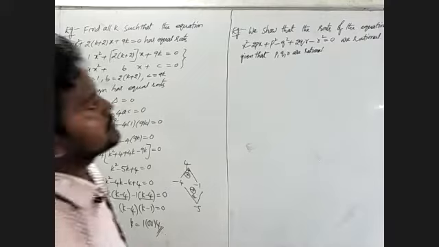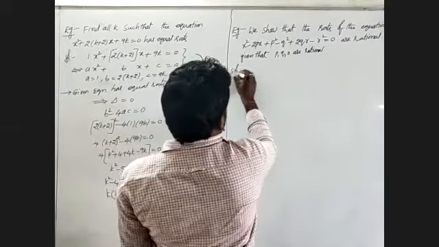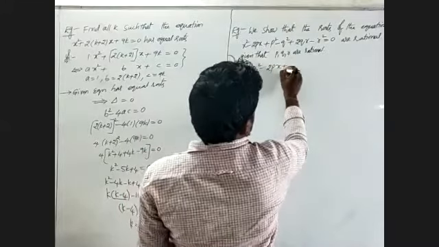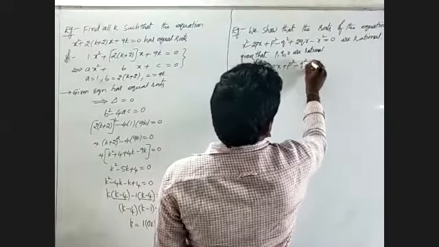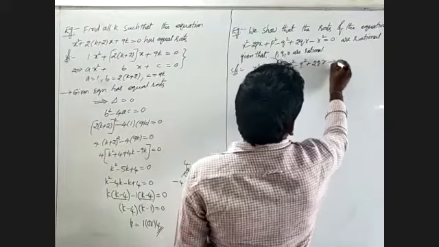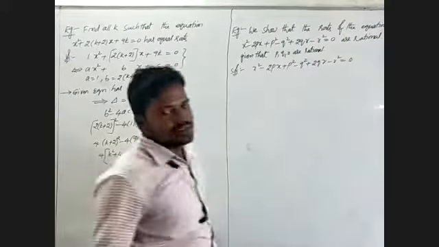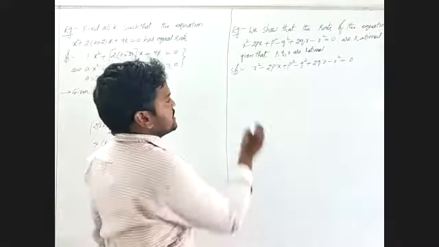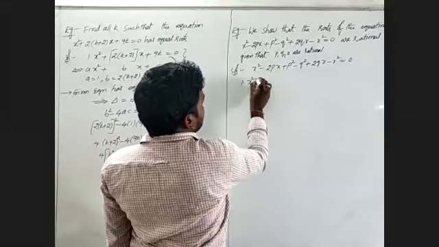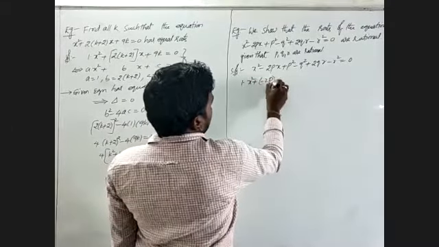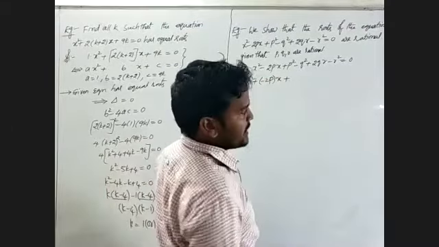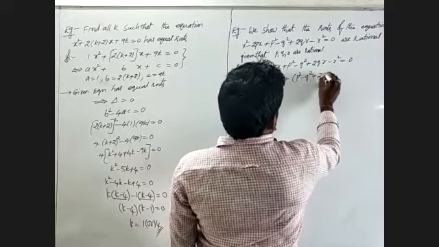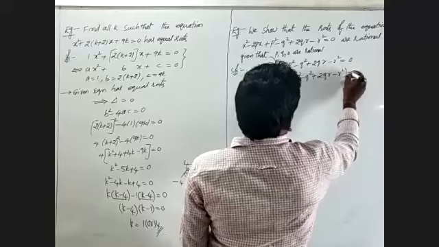We will observe. First we will write the given equation, that is x square minus 2px plus p square minus q square plus 2qr minus r square equal to 0. Given one we will write in the form of a quadratic equation, of the form 1 into x square plus (minus 2p) into x plus the remaining p square minus q square plus 2qr minus r square is equal to 0.